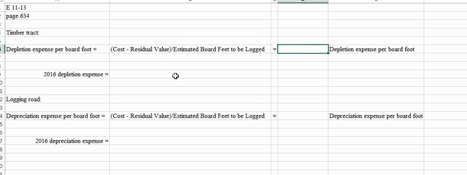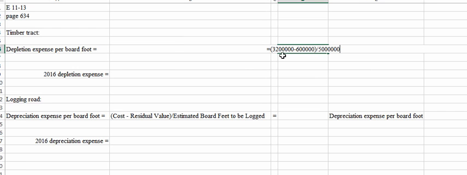So that's going to equal, our cost was $3.2 million minus we expect the area that the timber is located in to be worth $600,000 after all the timber has been removed, and then we're going to divide that by the estimated board feet, which were 5 million.